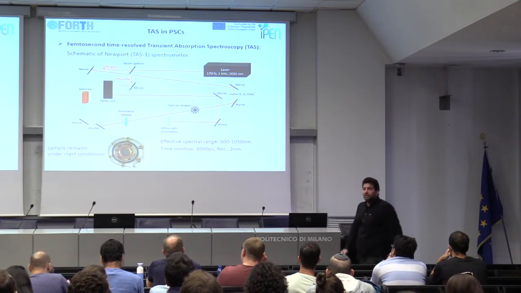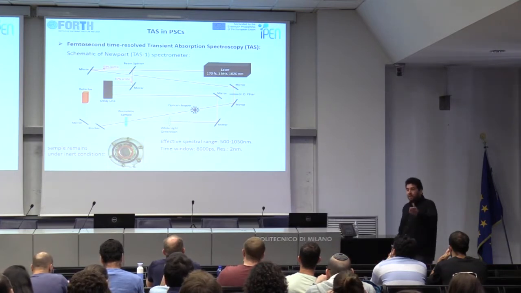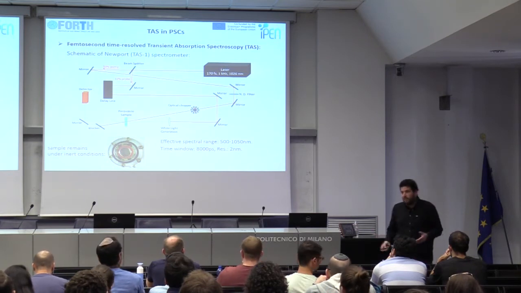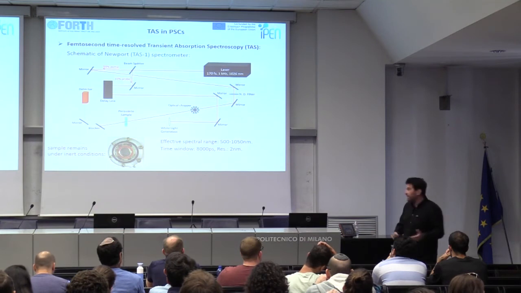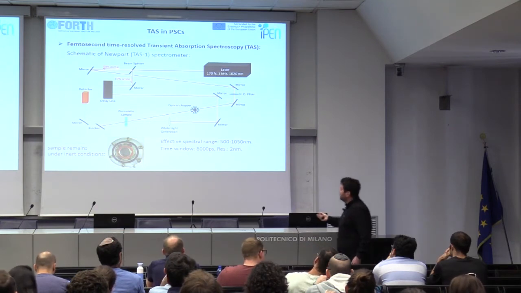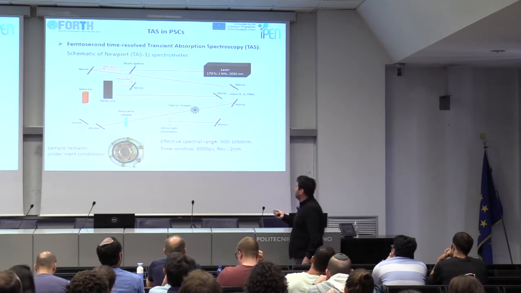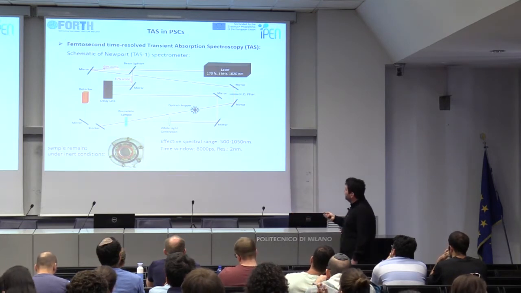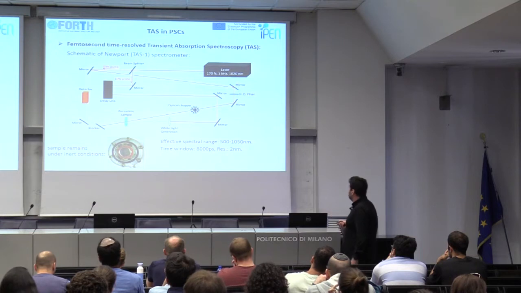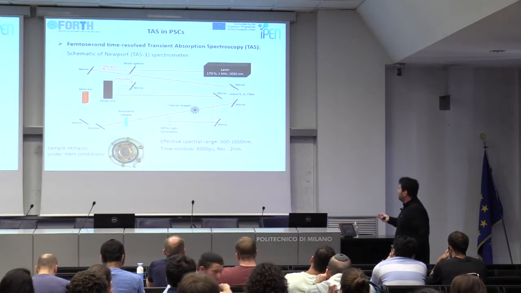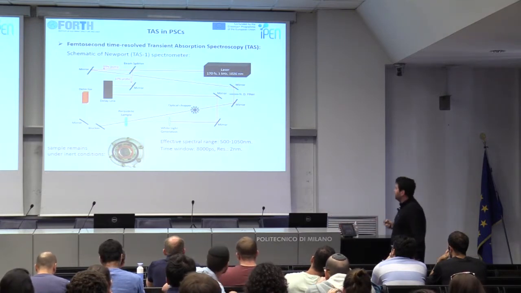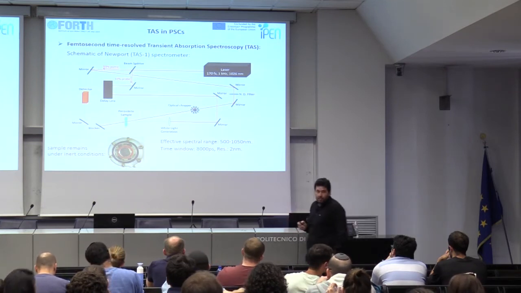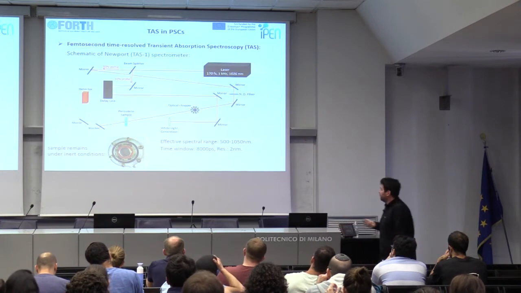As Professor Lazzani gave us a very nice introduction to the fundamentals of TAS, the first thing you need in a pump-probe experiment is a pump beam and a probe beam. So the first thing to do is to split the beam, and you have most of it, 90%, acting as a pump, which is directed with mirrors through a neutral density filter and then through a chopper in order to have this on-off situation that we need, and it ends up in the perovskite sample. And then, of course, it is blocked.